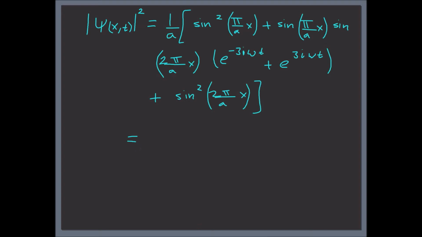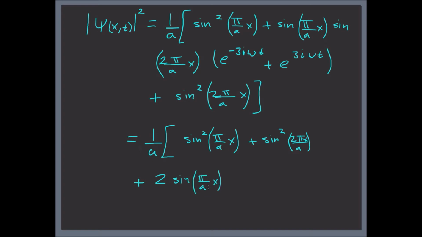I'm gonna simplify this equation a little bit further. We have 1 divided by a times the first term, sine squared of pi divided by a x, plus the second term, which is sine squared of 2 pi divided by a x, the second quantum state, plus the cross terms, and the cross terms simplify to 2 times the sine of pi over a x times the sine of 2 pi over a x times the cosine of 3 omega t.